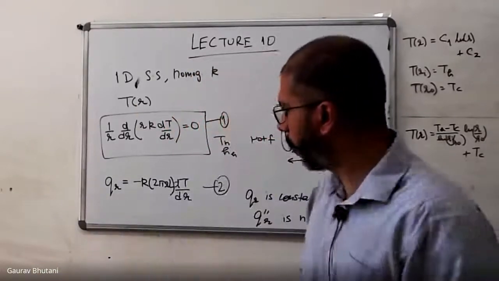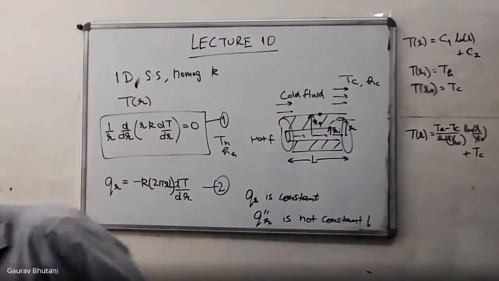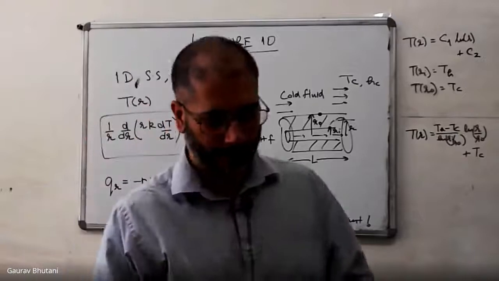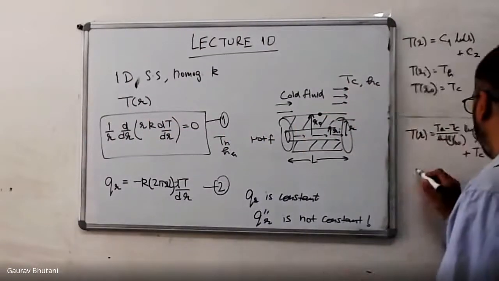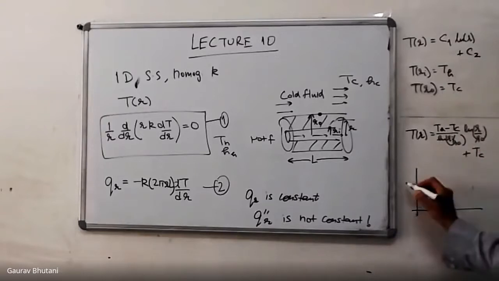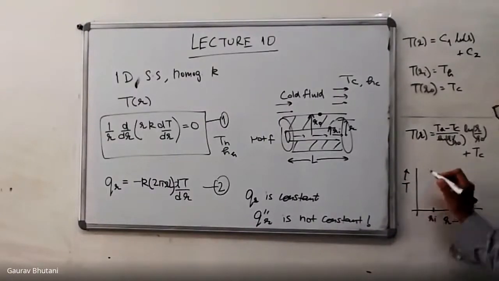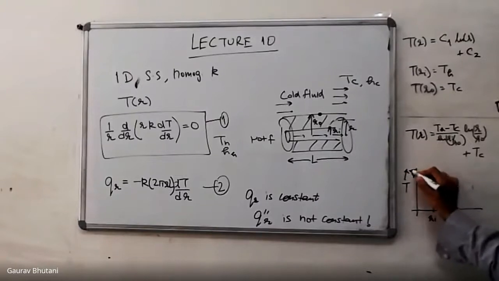So if I was to plot this, it's given to me that for R equals Ri, the temperature is T hot. So this is T hot.